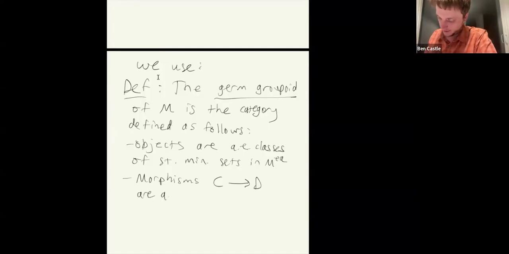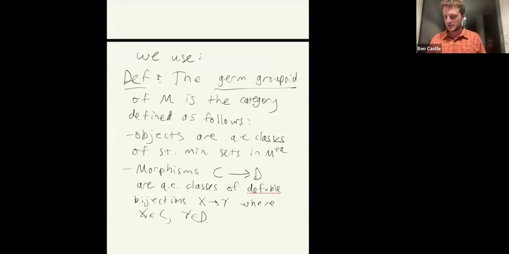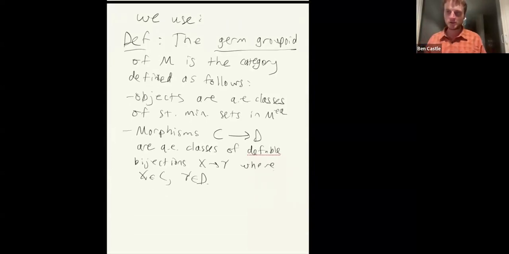Well, they're almost equality classes as well of definable bijections from X to Y, where X comes from C and Y comes from D. So it's basically saying, okay, C and D are these almost equality classes, and then the morphisms are just definable bijections between C and D. Except that doesn't make sense because C and D are not sets, they're almost equality classes.